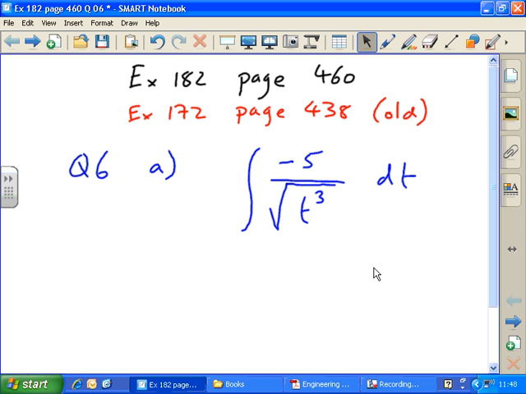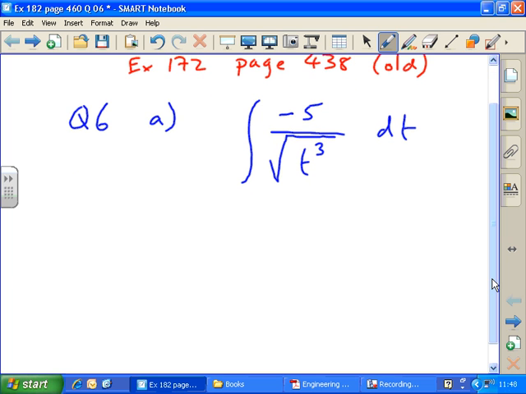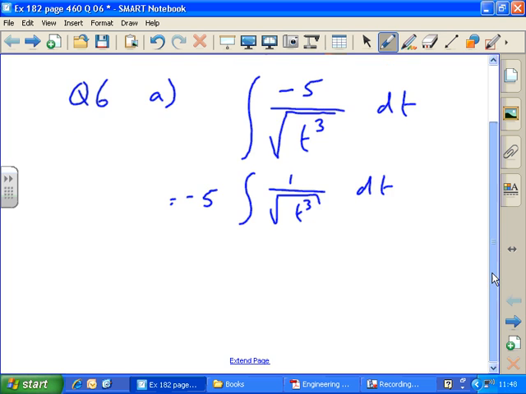Exercise 182, page 460, question 6a. In this integral, we can take the minus 5 outside the integral if we like. So this equals minus 5 times the integral of 1 over the square root of t cubed with respect to t. Now we can see that this is an inverse in there, which we can write as a negative.